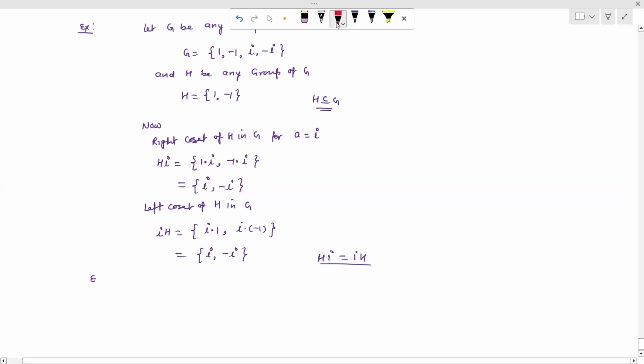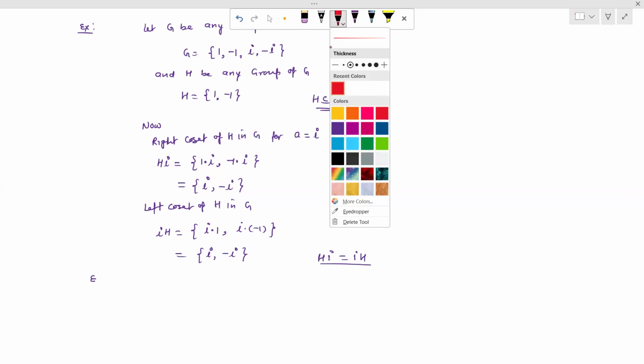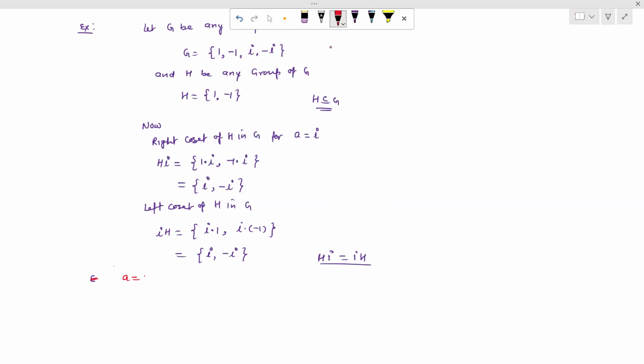When we use the value a equal to 1, the generator, we write H into 1. H into 1 gives us 1 into 1 comma minus 1 into 1. So this gives us 1 comma minus 1.